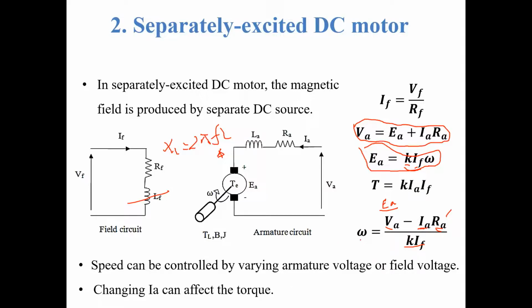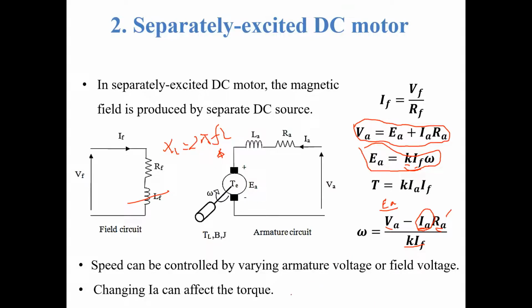And for the speed of a separately excited machine, in terms of IA, you can develop the speed versus VA, speed versus IA curve. From this, we can generally say that the speed of a separately excited DC motor can be varied by two methods.